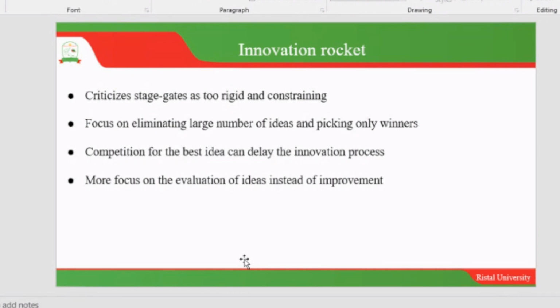If we are going to reduce malaria, instead of focusing on all those ideas, how about we say we are going to reduce malaria through just distributing mosquito nets, so that we can focus on eliminating that large number of ideas and picking only the winner, which is trusted, and we are sure that it is going to work.